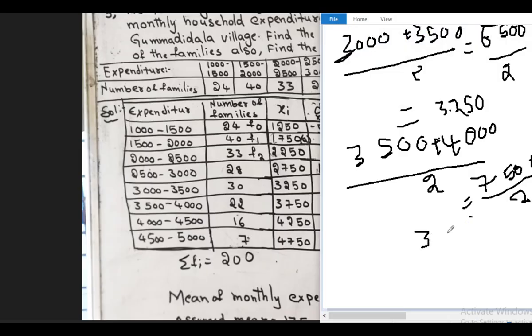Two threes, two sevens, two fives. So 3750 is the next class midpoint, class mark of 3500 to 4000.